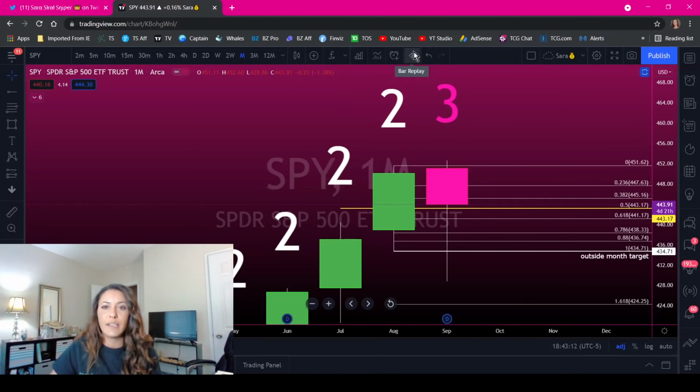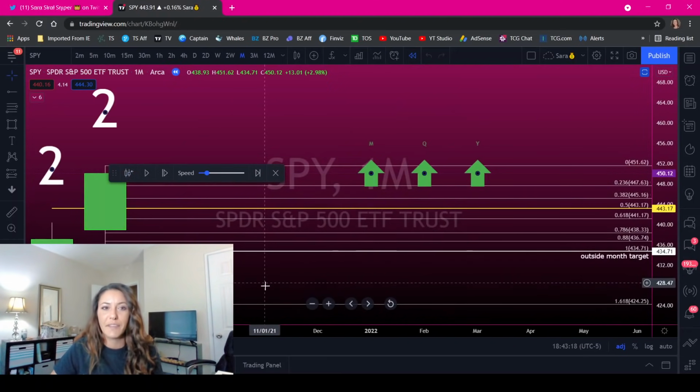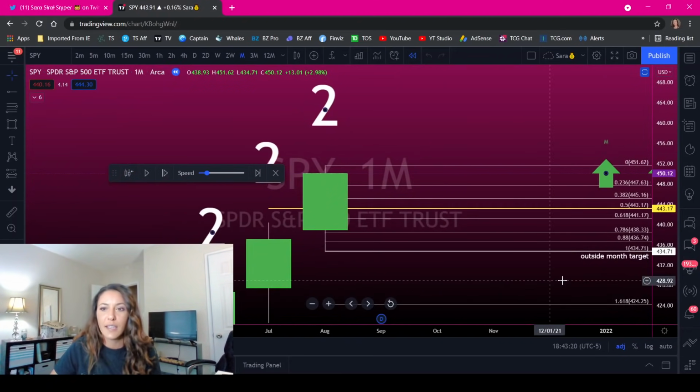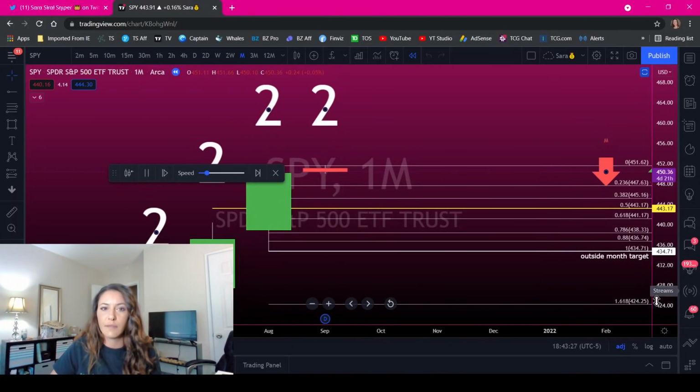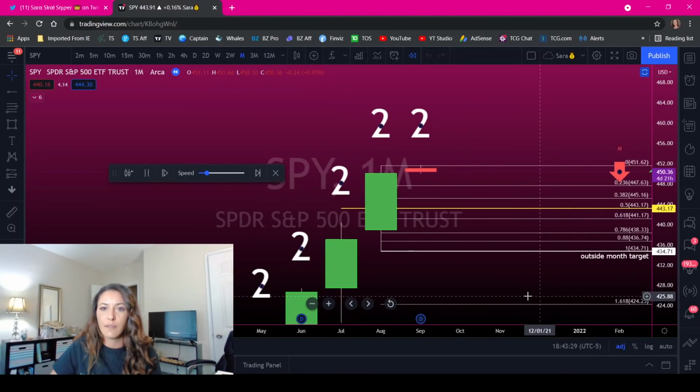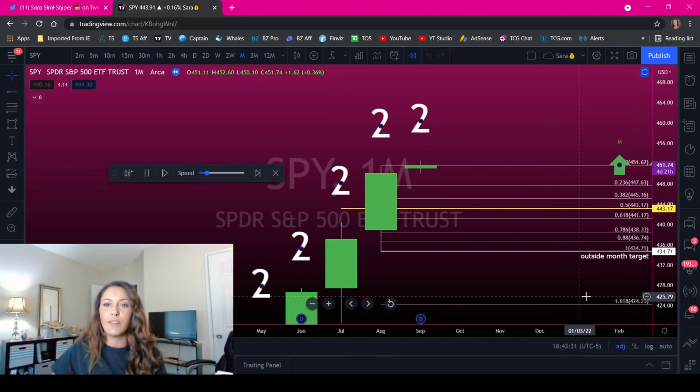Okay, just for fun, let's watch the bar replay again because I think it's a fun time. I have the 50% line in yellow. Here we go. Oh, we're going green. We're long, guys. Oh, below my entry, I got stopped out.